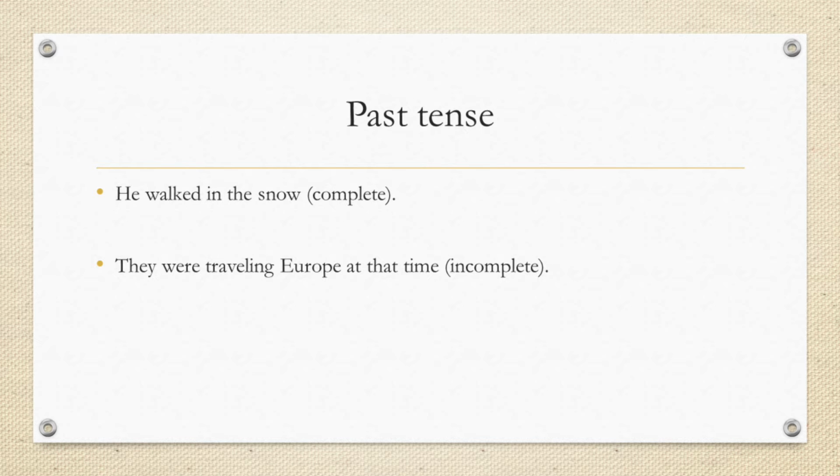And the other one is they were traveling Europe at that time, which is incomplete because they could still be traveling Europe. I mean, it's not something that has finished. So it's very similar to present tense, and it's something that we have to make sure we understand when we're talking about this.